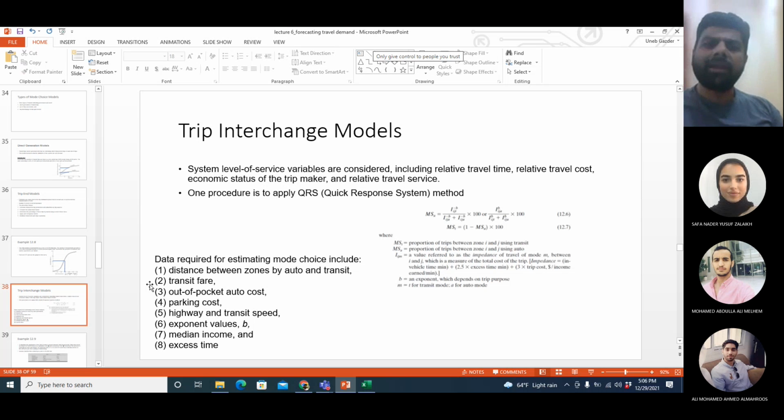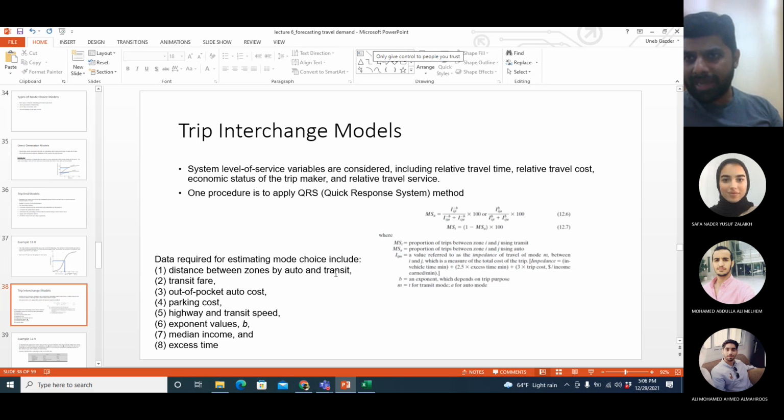One of the methods for trip interchange model is called QRS. QRS stands for Quick Response System. The things you need to apply a trip interchange model are the distance between different zones using auto and transit.